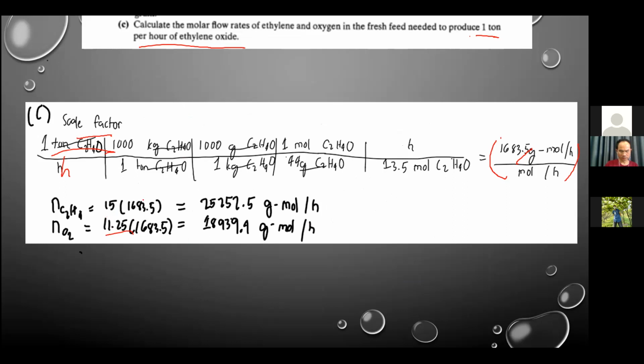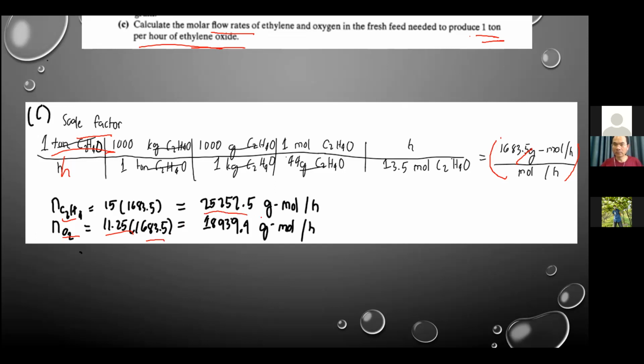So the target is the molar flow rate of the ethylene and oxygen needed to produce 1 ton of ethylene oxide. So I'm going to multiply it. There is 15 times the scale factor, and then 11.25 times the scale factor.